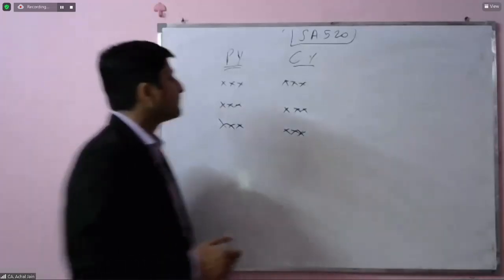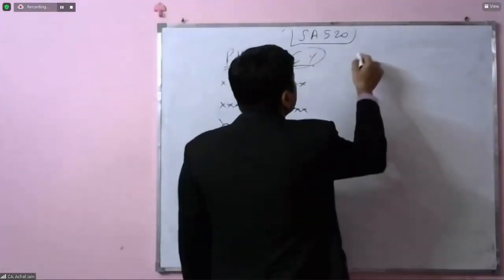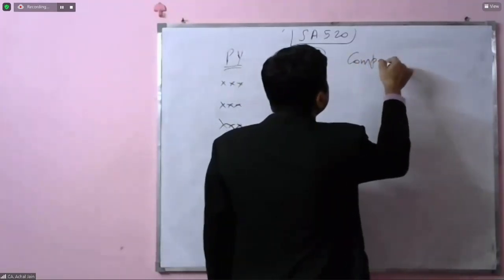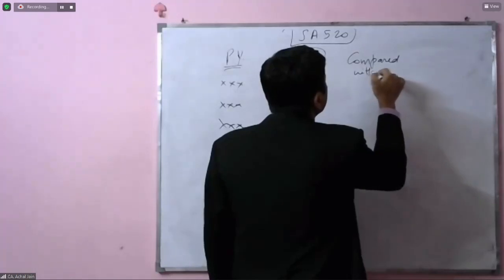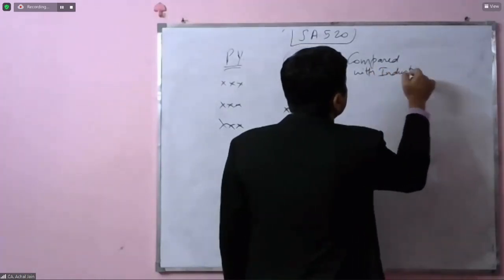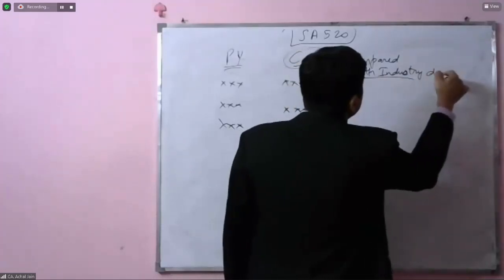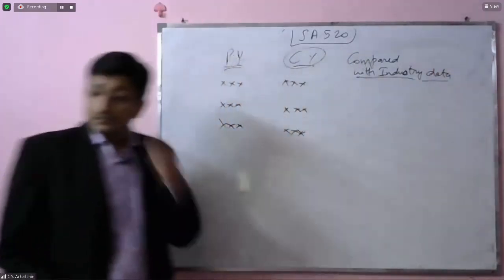Number 2, the current year information of the company may also be compared with industry data. So what does it mean?